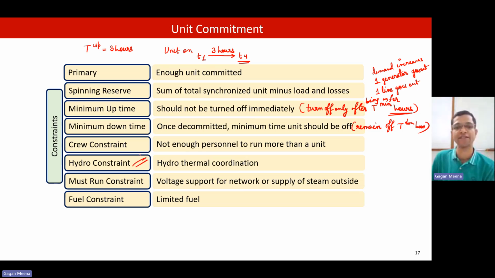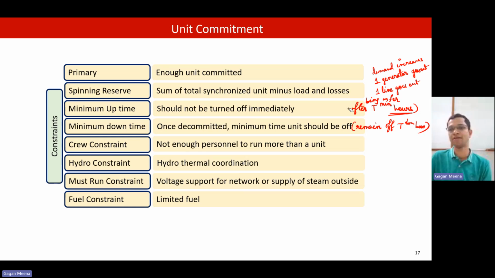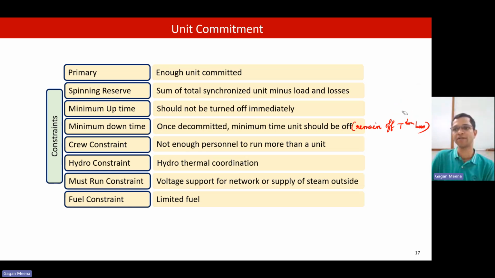Then hydro constraint is there. Some generators might be required to coordinate with thermal, to coordinate with hydro plant, and for them separate hydrothermal scheduling coordination needs to be done. Then some units are must run because some units are used to even supply steam to industrial processes.